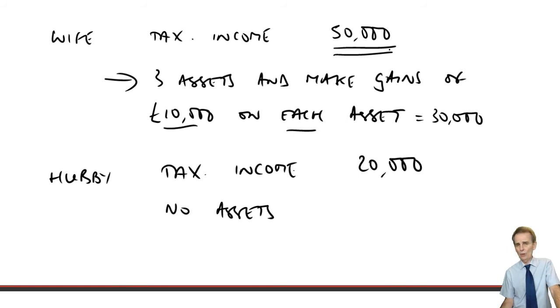So I'd like you to work out with their plan, of what they intend to do, how much CGT would be paid by the wife. And then for you to consider how you might reduce that CGT, clearly by the use of no gain, no loss transfers. He has no other assets that he'd be selling.